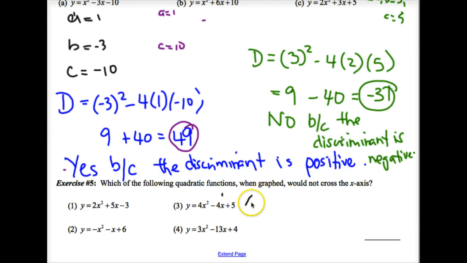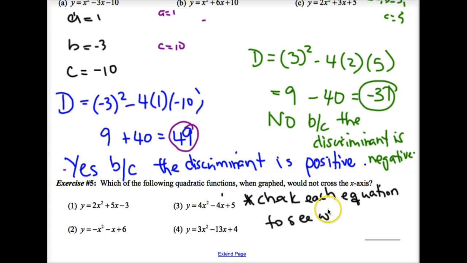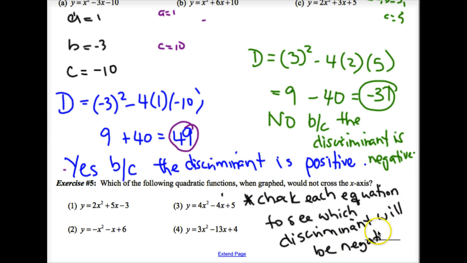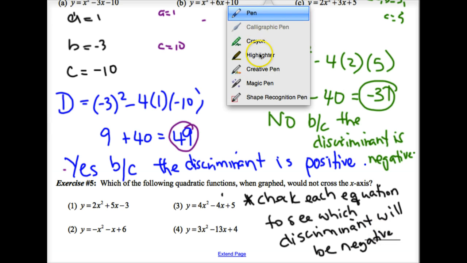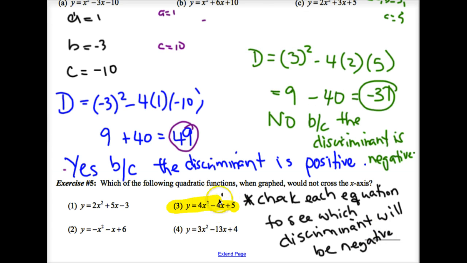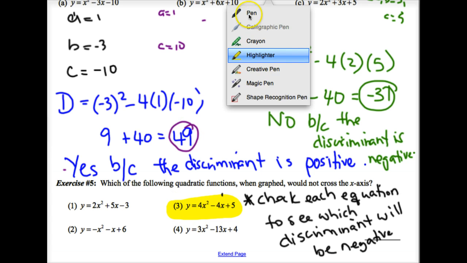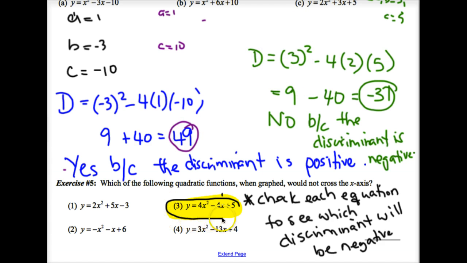So what I want to do is check each equation to see which discriminant will be negative. And if you do that, you will see that the answer choice is 3. Answer choice number 3 will give you a -64.